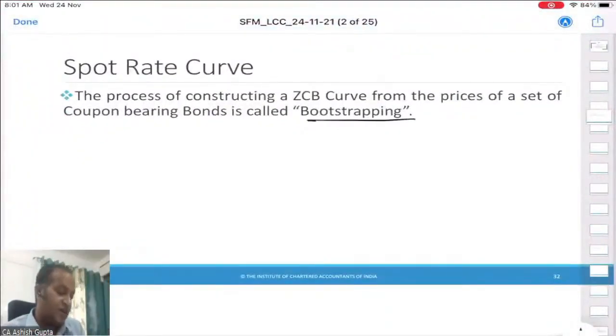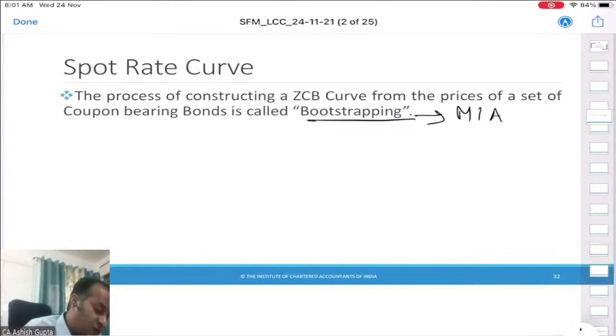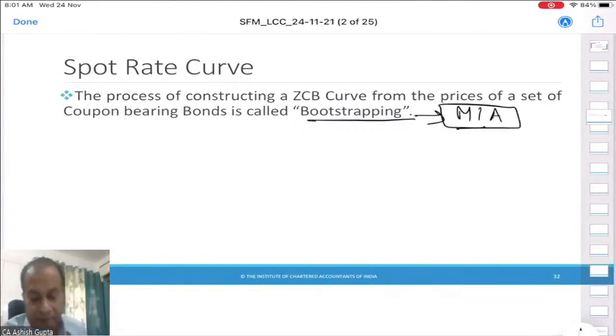The process of constructing the zero coupon bond from the prices of a set of coupon bearing bonds is called bootstrapping. Students, please note this term will also be used in the topic merger and acquisition, but please remember, there it has a different meaning.